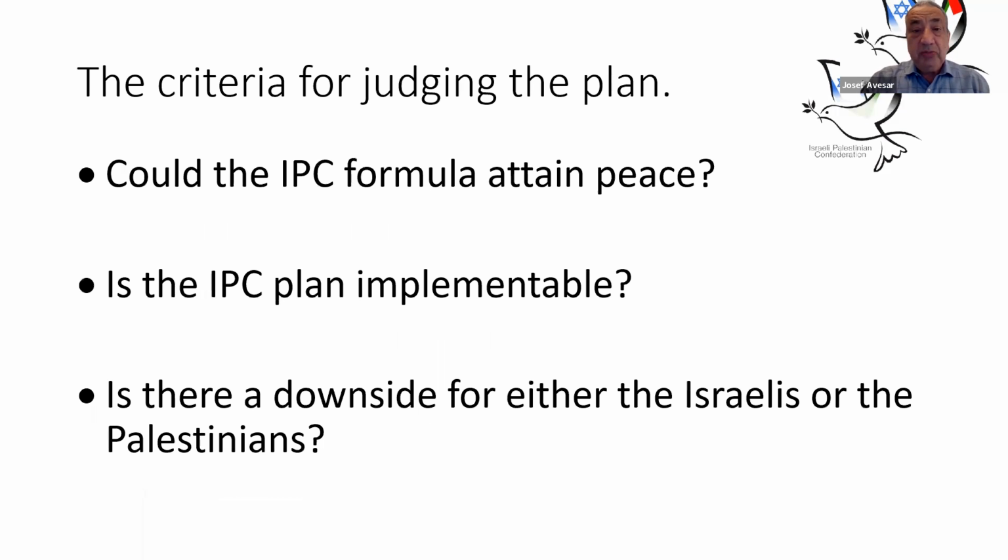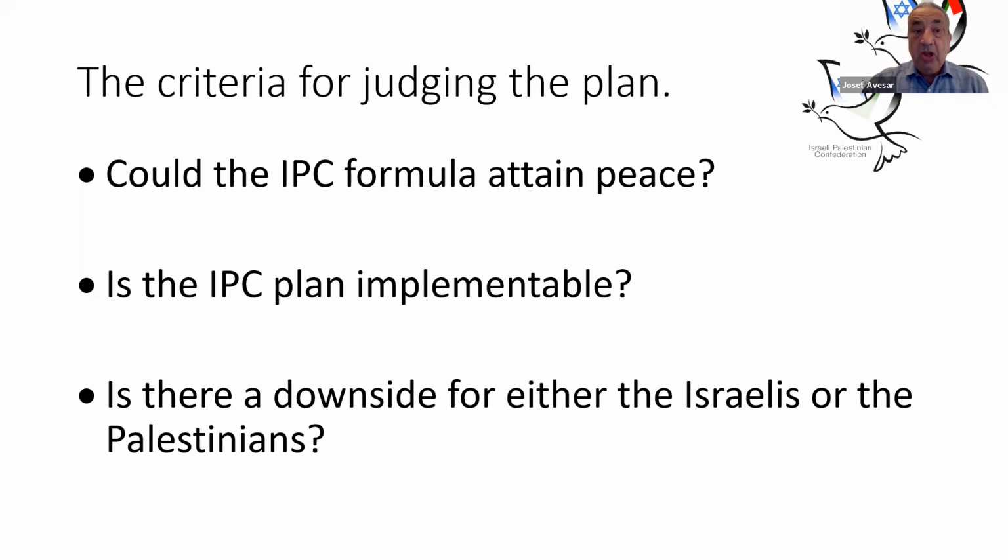This is what we are going to be asking Mr. KUTTAB: to judge our plan based on these three criteria. Could the IPC formula attain peace? That's the first one. Is the IPC plan implementable? That's the second one. And the third one, is there a downside for either the Israelis or the Palestinians?